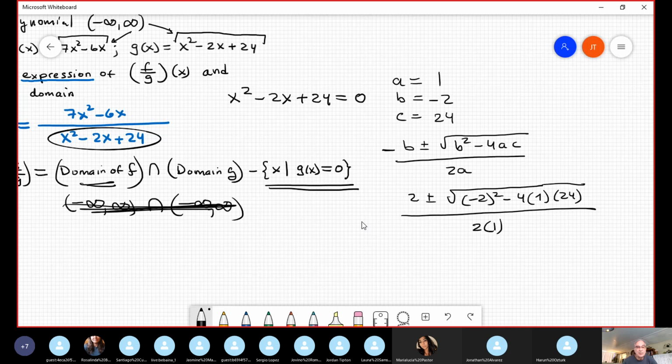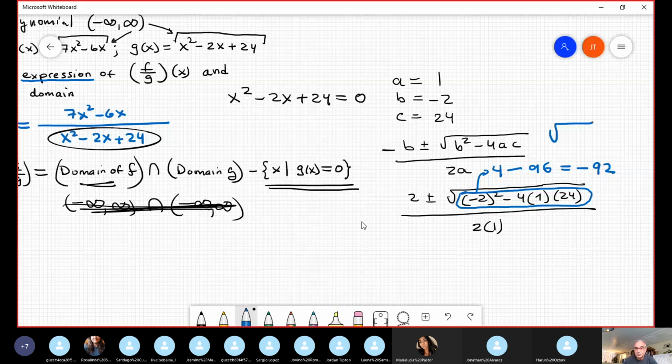As always, I compute the expression inside the radical according to the order of operations. This is 4 positive minus 24 times 4, which is 96. So subtracting is negative 92, under the square root.